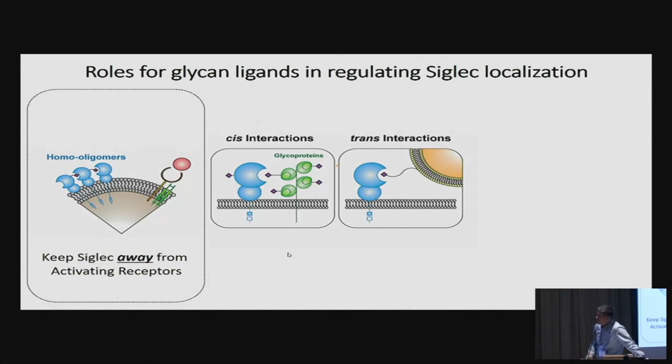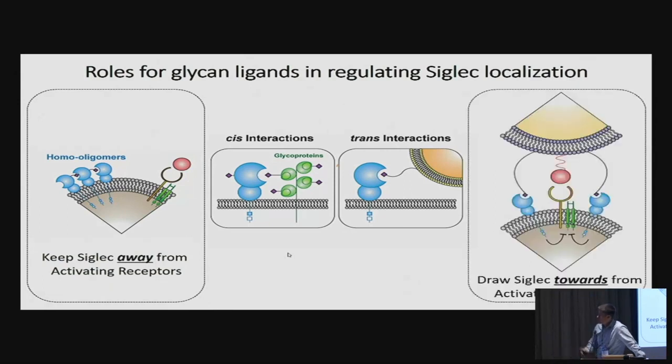So, in general, interactions with cis ligands keep the Siglec away from the receptor that they regulate. Okay? Again, that's a bit of a generalization, and there may be exceptions to that, but this is one way to think about how Siglecs function.